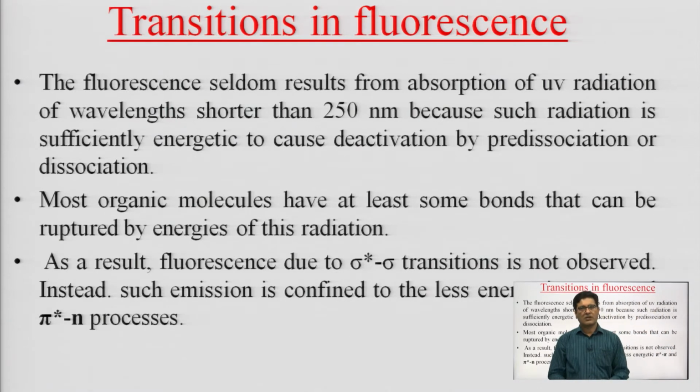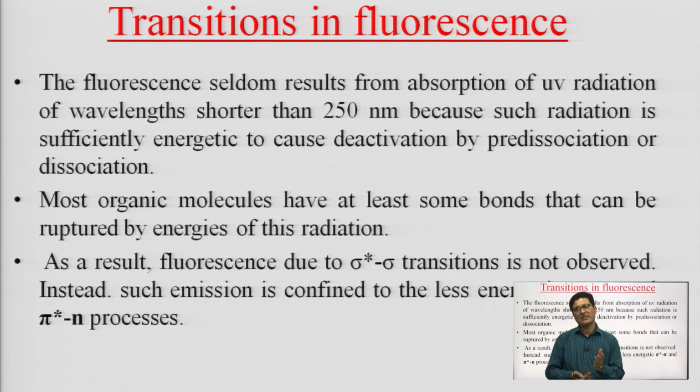One important thing to keep in mind is that fluorescence is generally not observed after absorption of a wavelength less than 250 nanometer, because such light has a very high energy content, and that may lead to rupture of the bond.